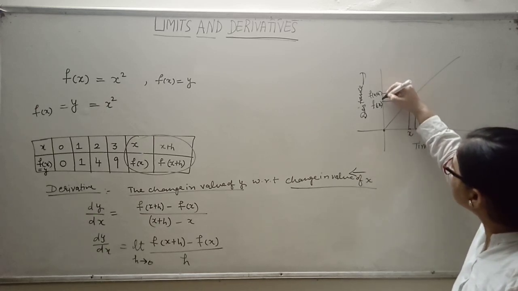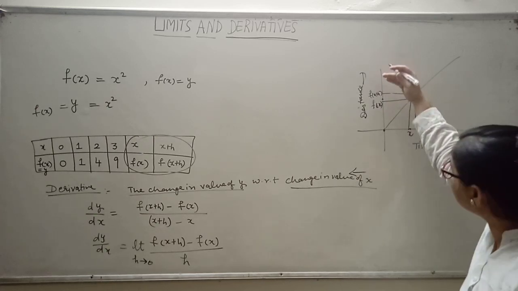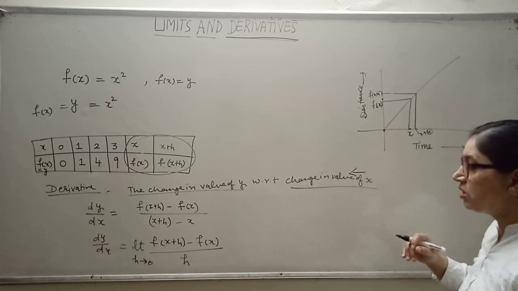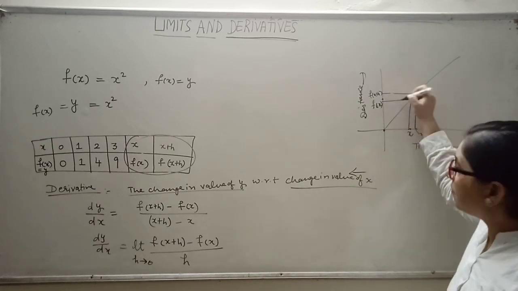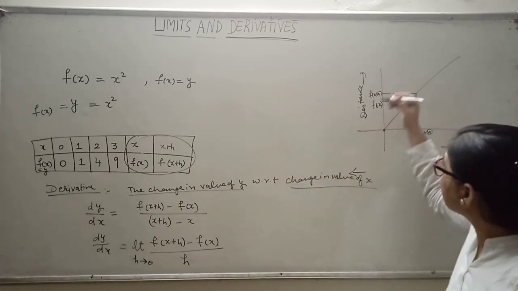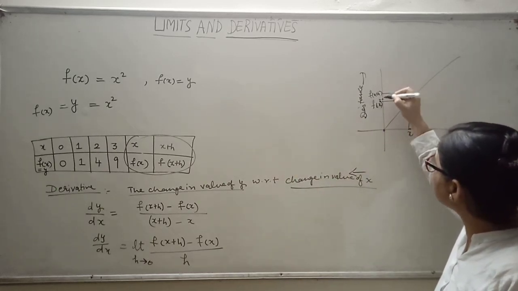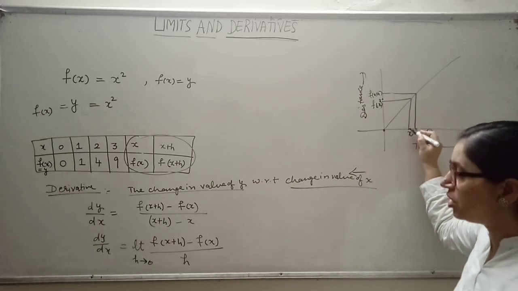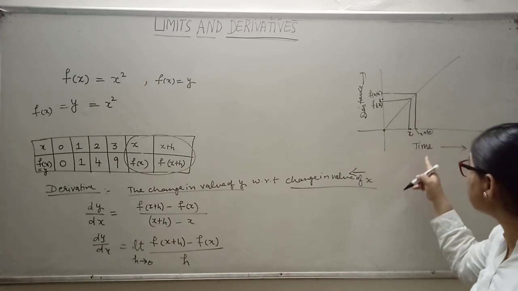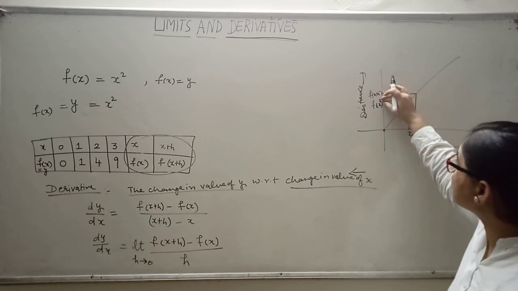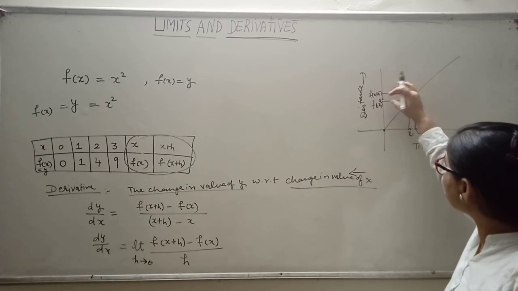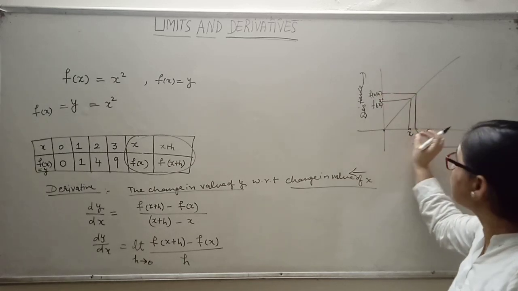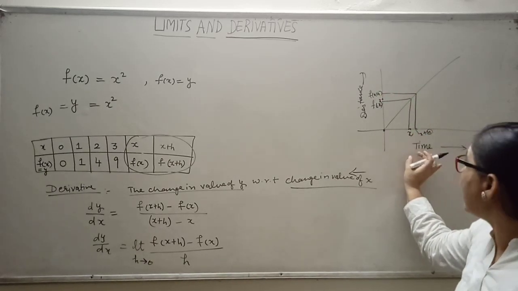At that time f(x plus h) will come closer to f(x). So if we find the rate of change of the value of f(x) with respect to the change in time, means how much distance is changing with respect to the change in time at that time.